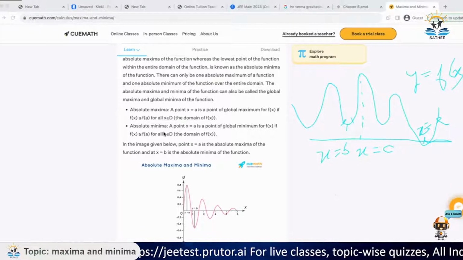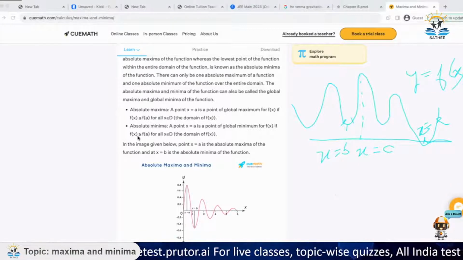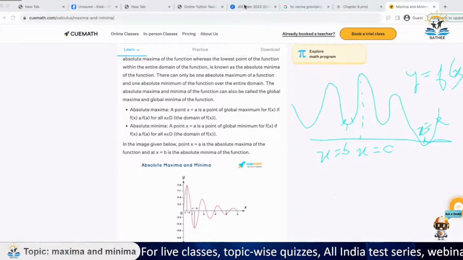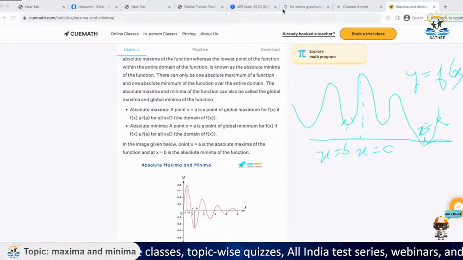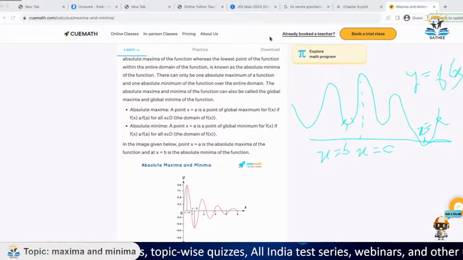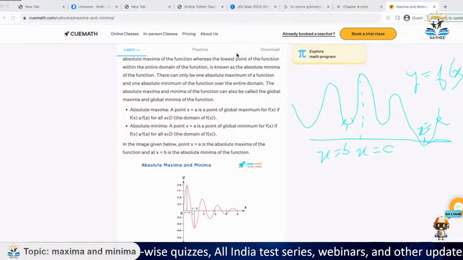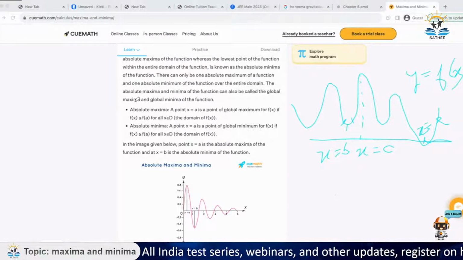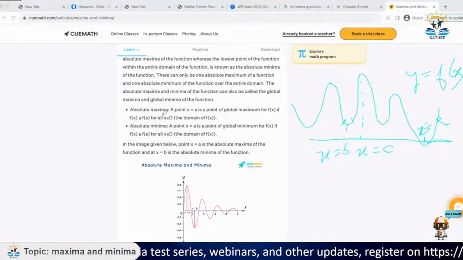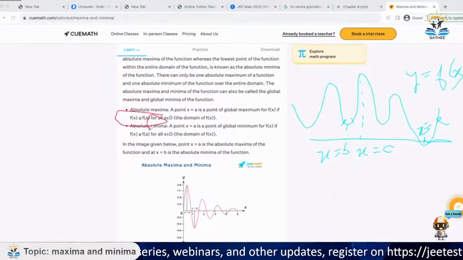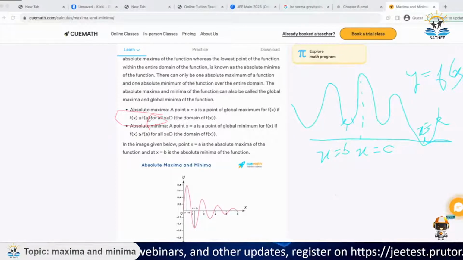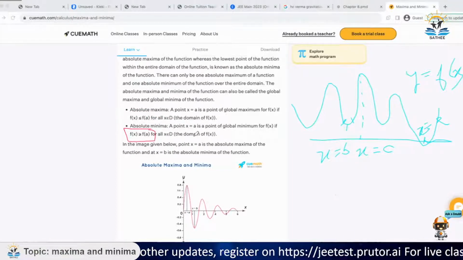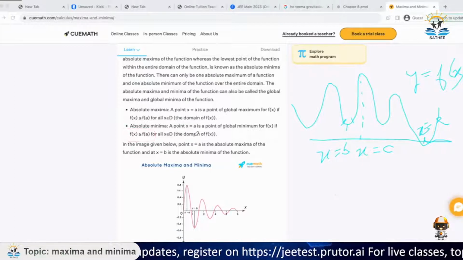Similarly, for absolute minima, we write f of x is greater than or equal to f of a. So these two equations are important: f of x is less than or equal to f of a, and f of x is greater than or equal to f of a. These two equations should be remembered.